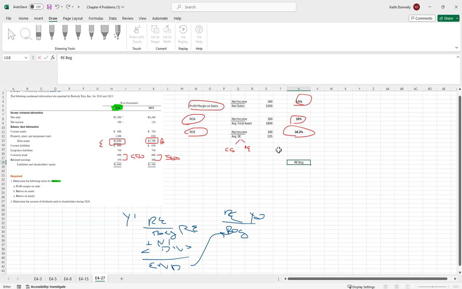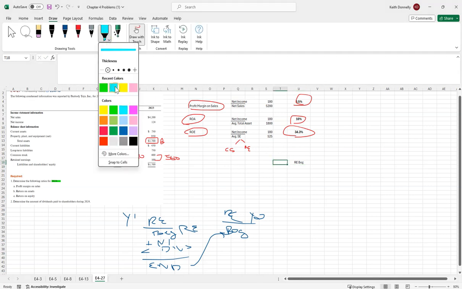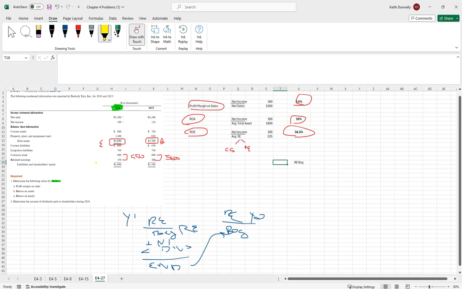Our retained earnings at the beginning of the period is $100, that's 100,000 in thousands. We're going to use the equation: we add our net income, which they're telling us here is $180, and we know our ending retained earnings is 150.